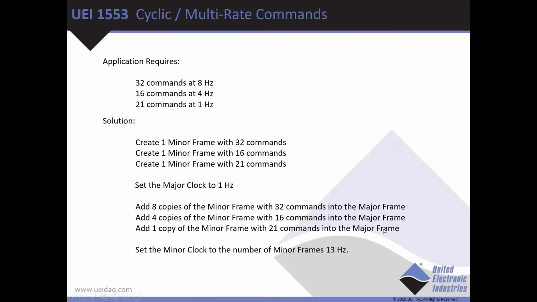You simply have to set the minor frame clock fast enough to execute every minor frame before the major frame restarts. So there's 13 minor frames, and the major frame restarts every second. We would need to set the minor frame clock to 13 Hertz.